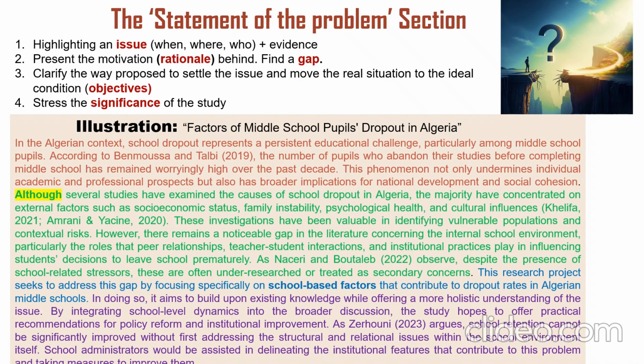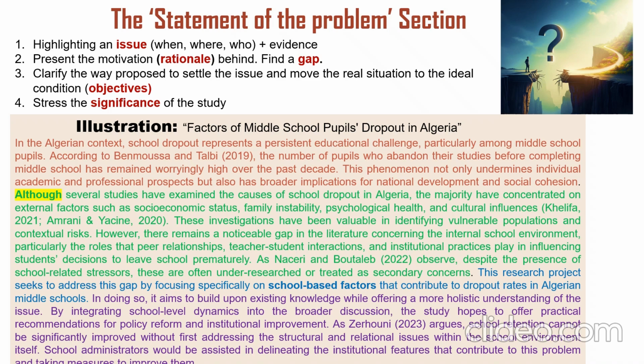Then, however, there remains a noticeable gap. Here the word gap appears very clearly, but you're not obliged to use the word gap. This can be implied. Just for the sake of explanation, here we are using the word gap. However, there remains a noticeable gap in the literature concerning the internal school environment.